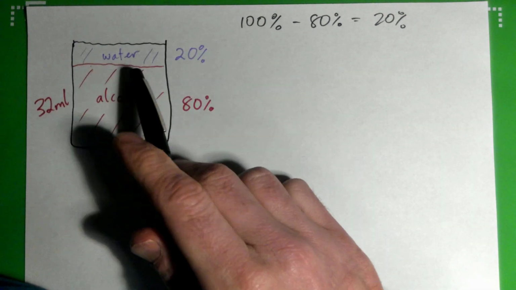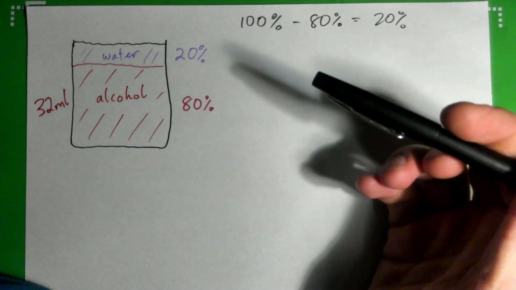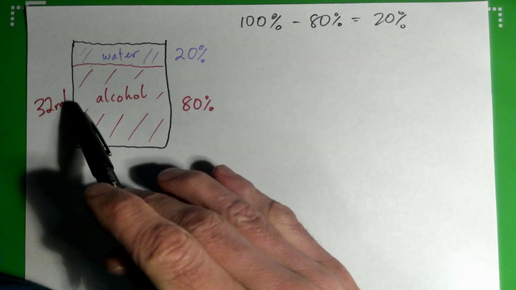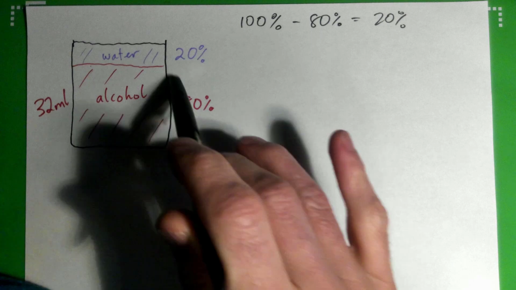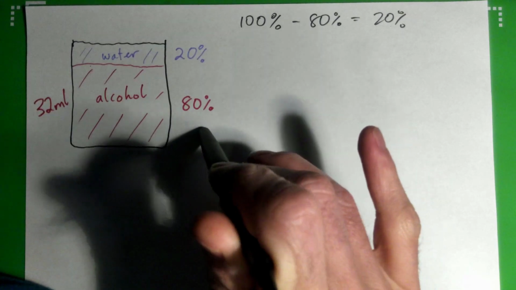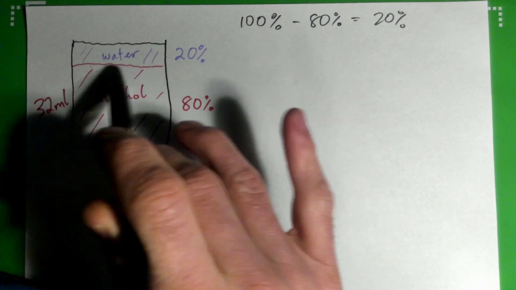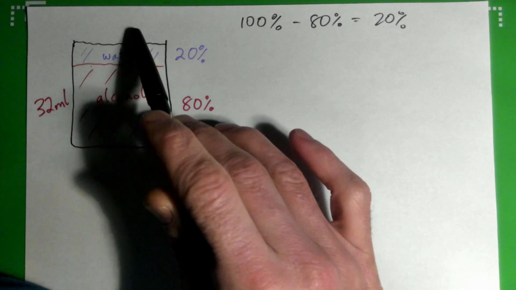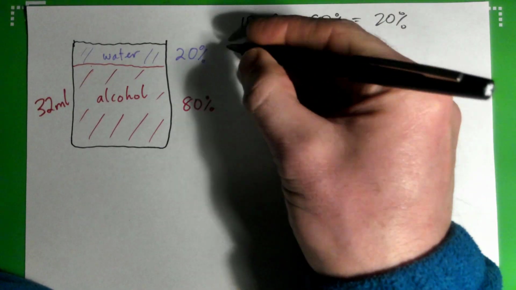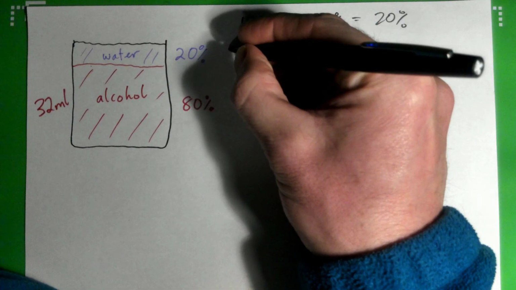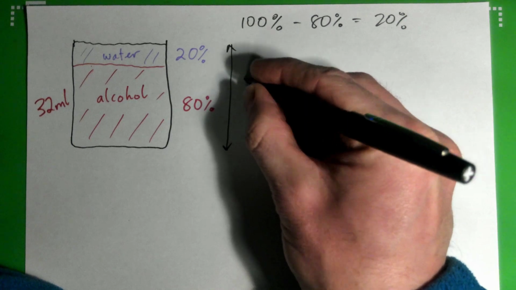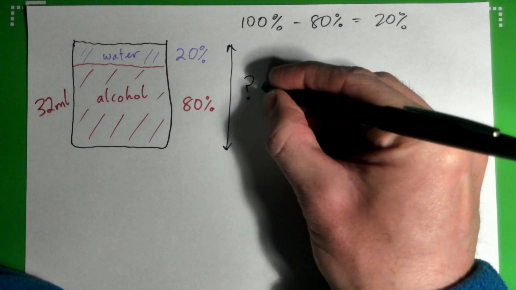How much alcohol do we have in milliliters? 32 milliliters. So this red amount can be described as 80% of the total, and it can also be described as 32 milliliters, the alcohol, right? Not the water. But we have to figure out how much is in the total amount. Like, our question is, how much total? What's the total milliliters, all of the milliliters of the whole thing? Does that make sense?